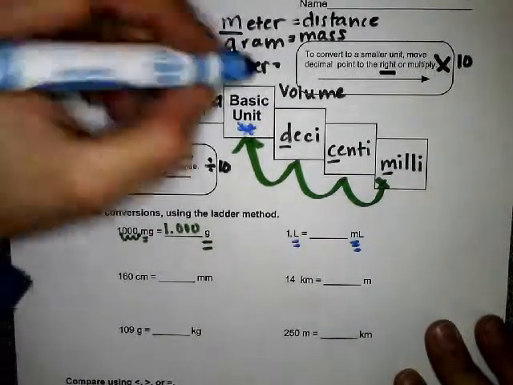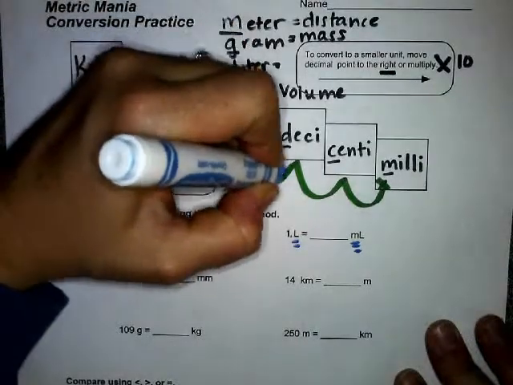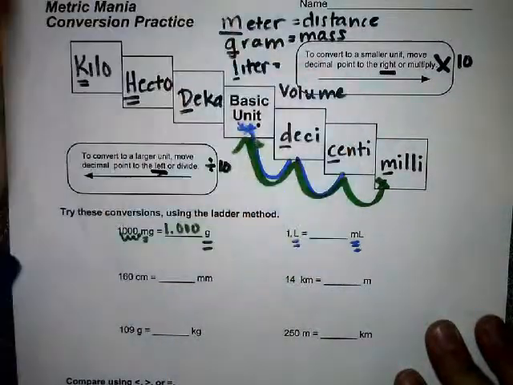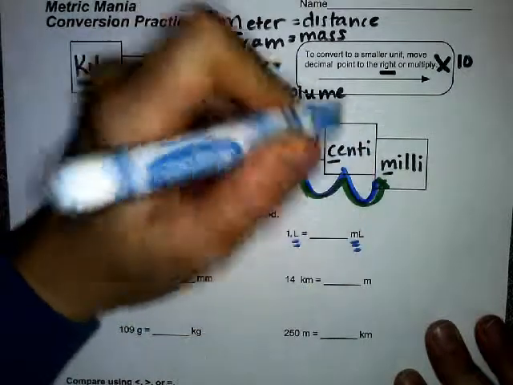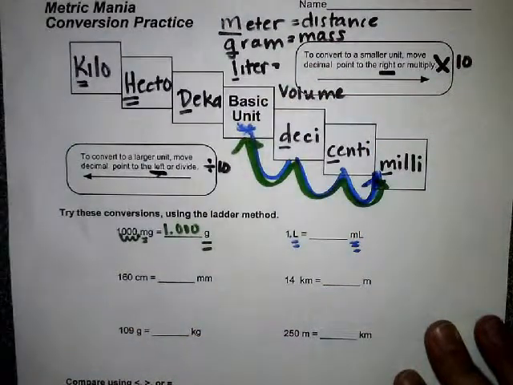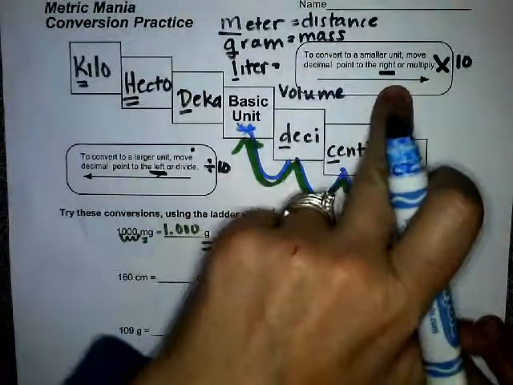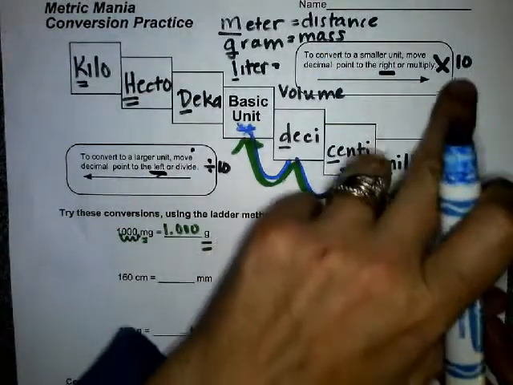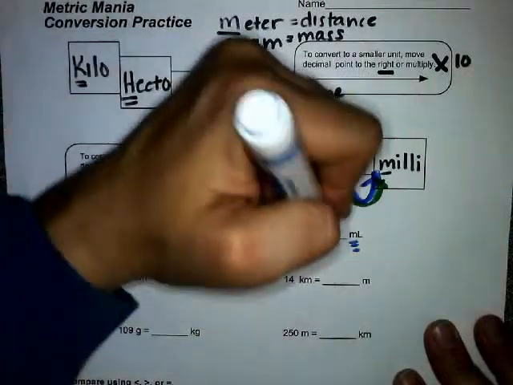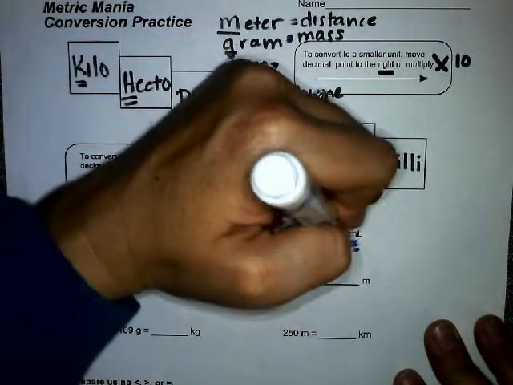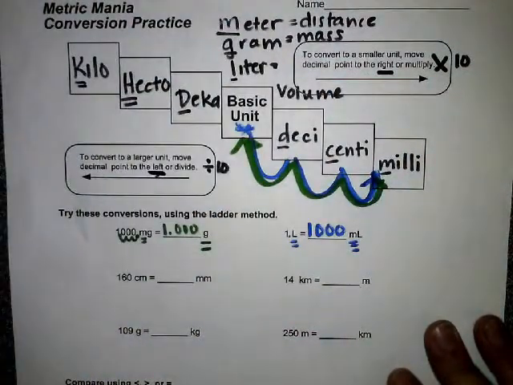It just happens to be a different unit. So we're going to go 1, 2, 3 to milli. Move our decimal spot to the right or multiply by 10 3 times. So we get 1,000 milliliters.